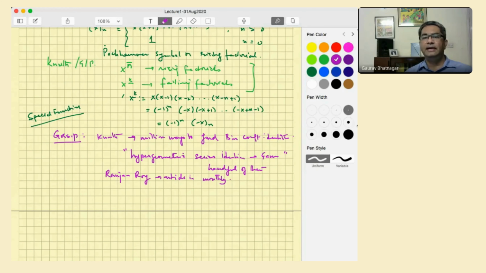Then in GKP, Graham, Knuth, and Patashnik, which is Concrete Mathematics, these guys included a section on hypergeometric functions, saying essentially that once you understand this notation, you don't have to do that.